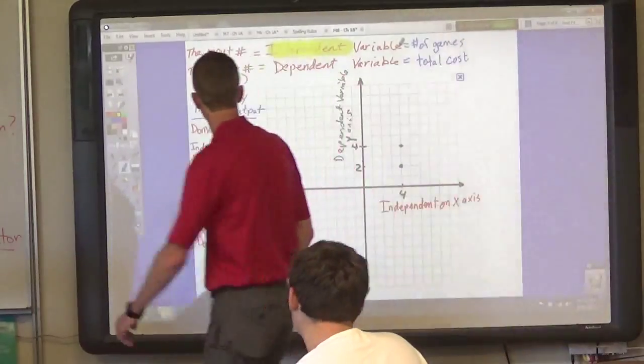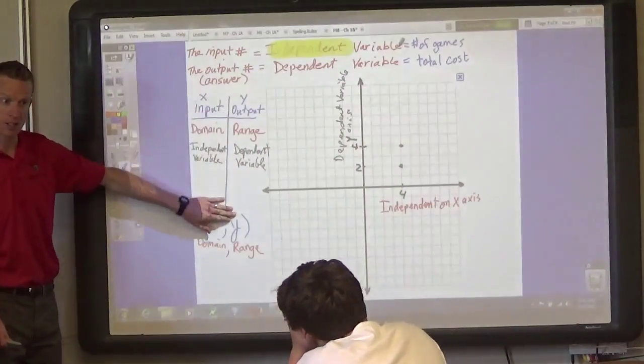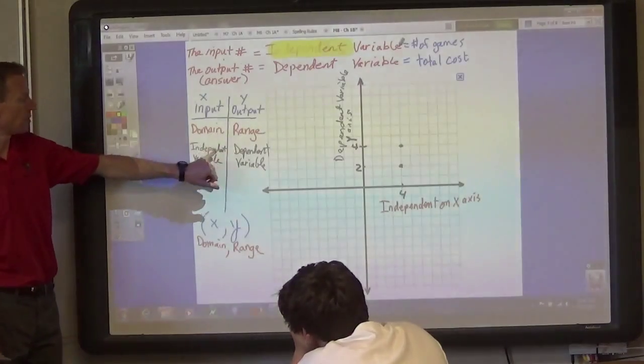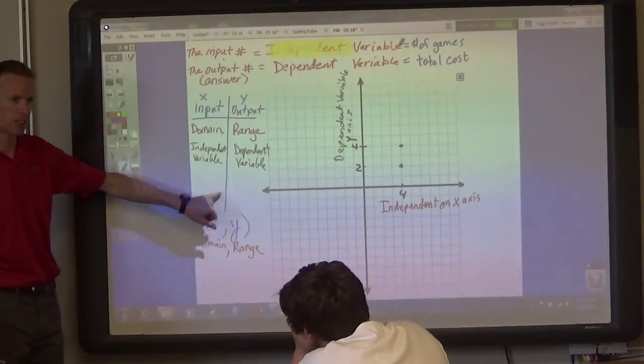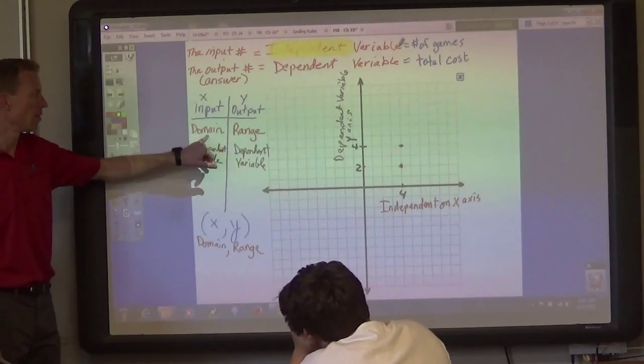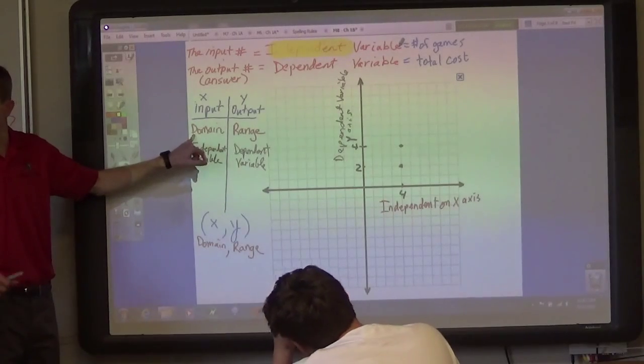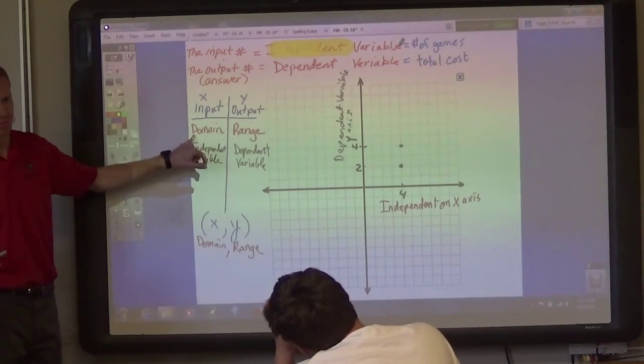Then, over here, remember we talked about a chart. A chart shows the independent variables and the dependent variables. And sometimes they're called the domain of the function. The domain are the x values.